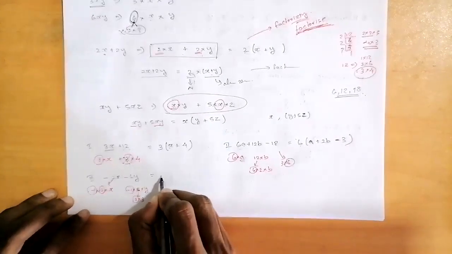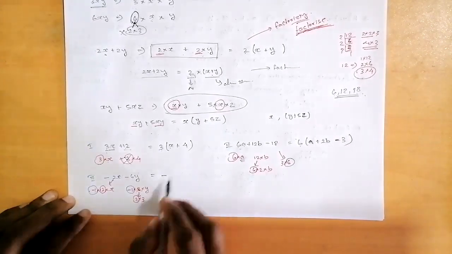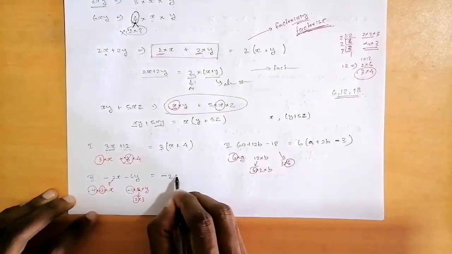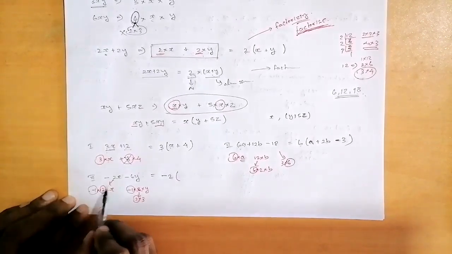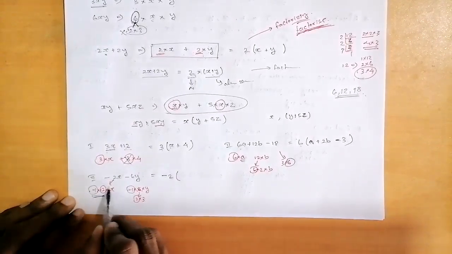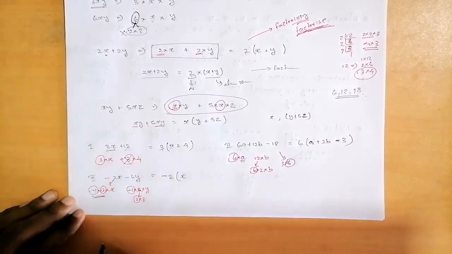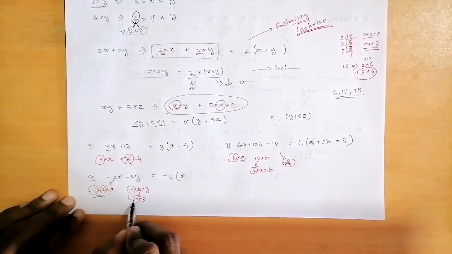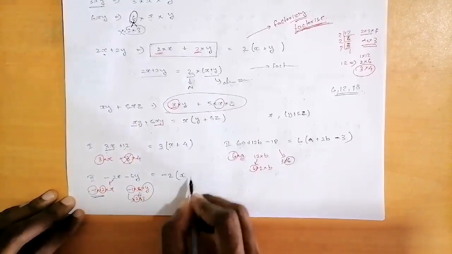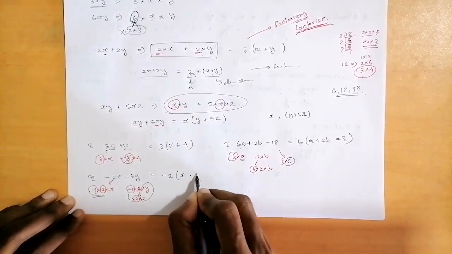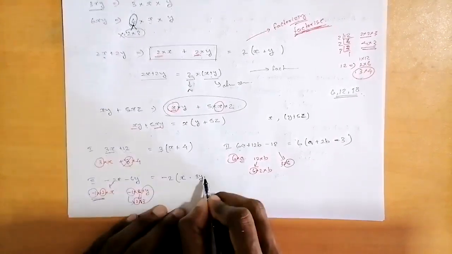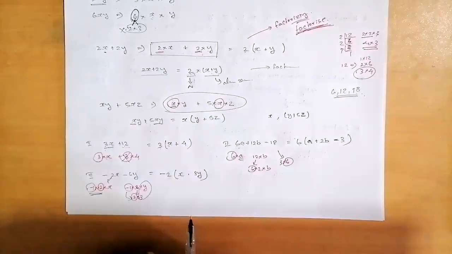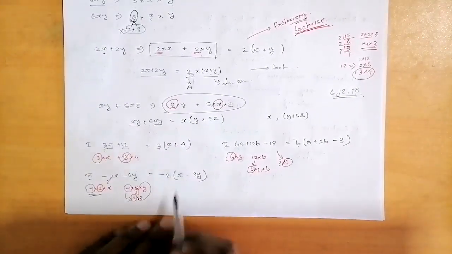So with the sign, we have to factorize. We take minus and we take 2, so minus 2 is a common element. If you take minus 2 here, what is remaining? x. If you take minus 2 here, what is remaining? 3y. So what is the sign inside this bracket?